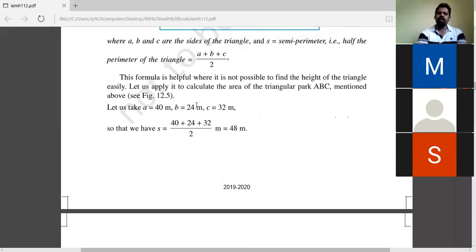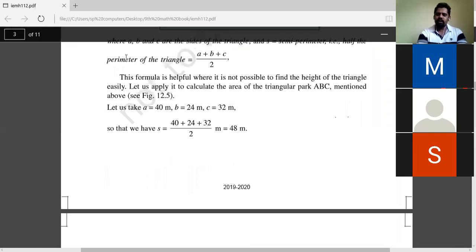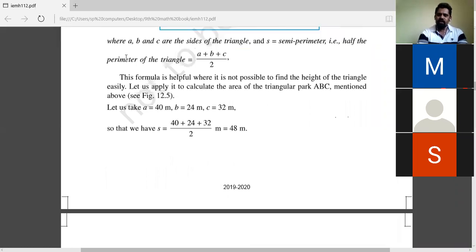There is one example given to us to solve. Let us take some three values given in meters. Let us take a equal to 40 meters, b equal to 24 meters, and c equal to 32 meters. So what is s?